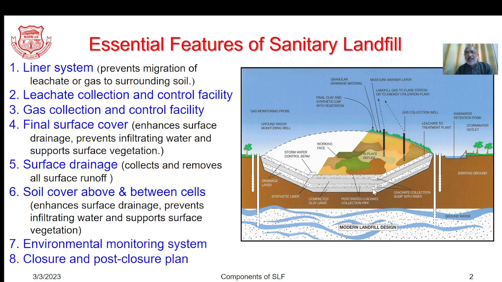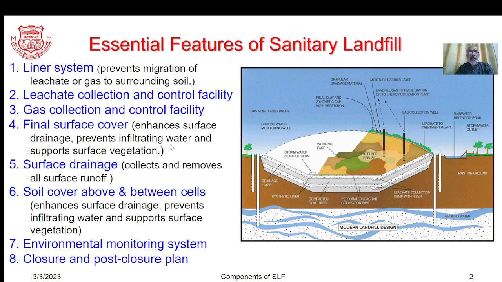The bottommost layer is the preparation of the bed, provided in such a manner that the entire solid waste that we wish to place in various cells could be resting in the desired way.